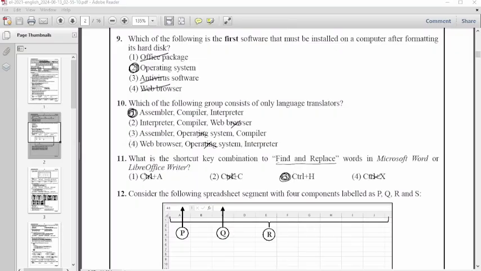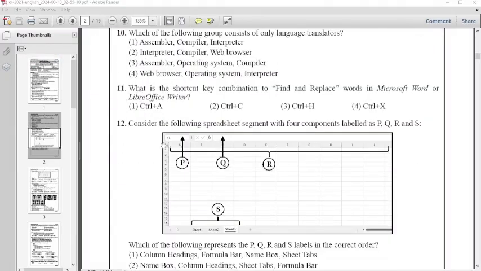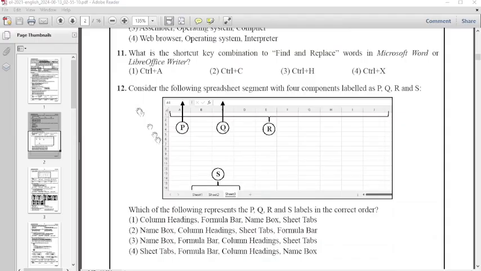Let's move to the next question. Okay, here's one. Consider the following spreadsheet segment with 4 components labeled PQRS.